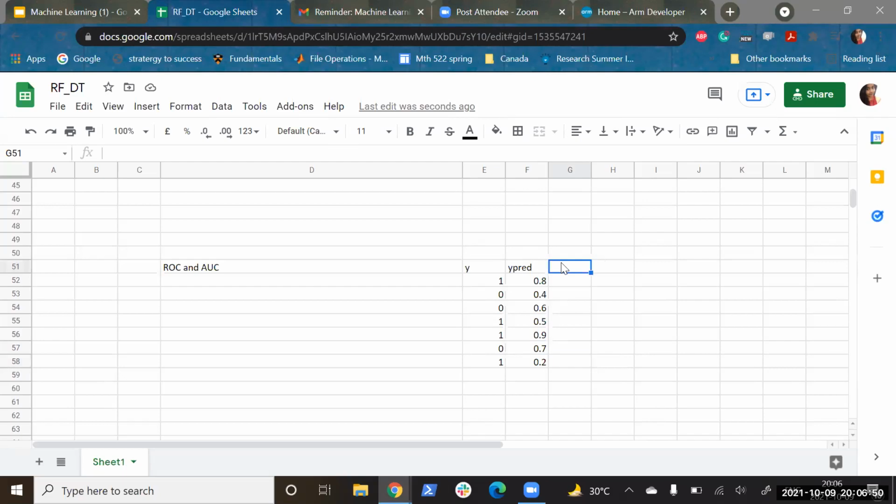Let's say we have threshold values of 0, then 0.2, then 0.4. Let's calculate till 0.6. Now if your y-pred is less than or equal to the threshold, you put 0 there, otherwise you give 1.